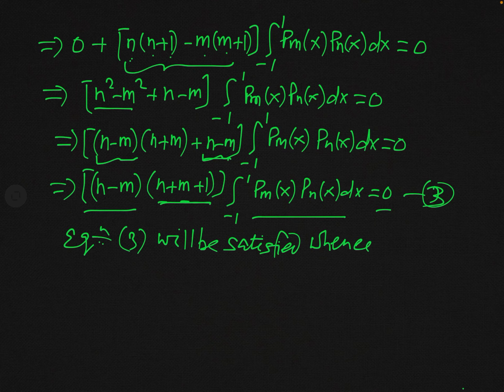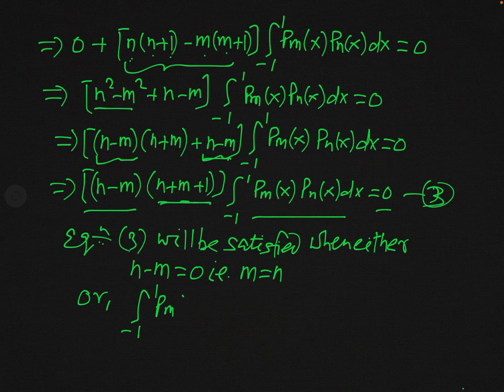When either this first condition n minus m is equal to 0, that is m is equal to n, or this will be satisfied when my integral minus 1 to plus 1 Pm of x times Pn of x dx is equal to 0.